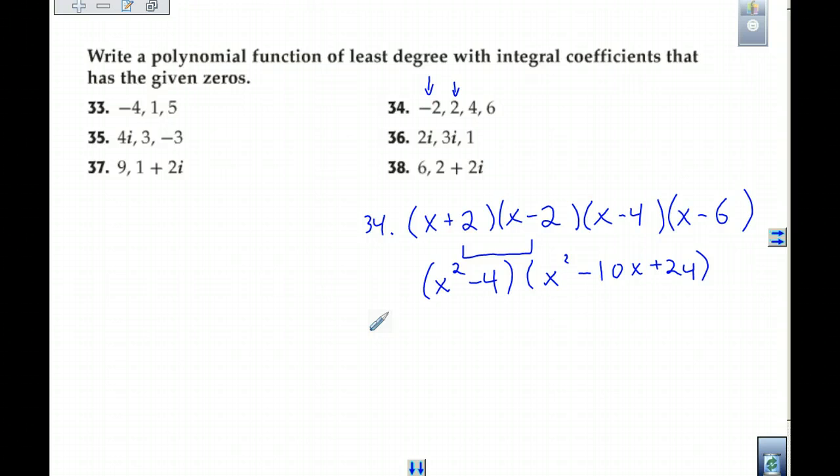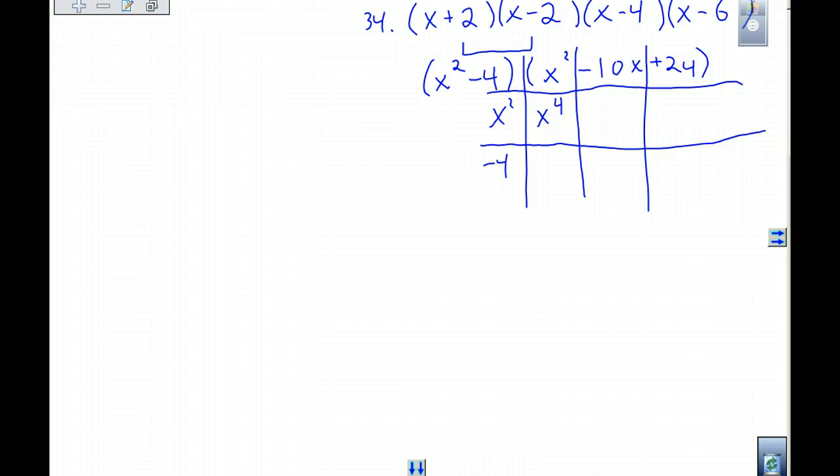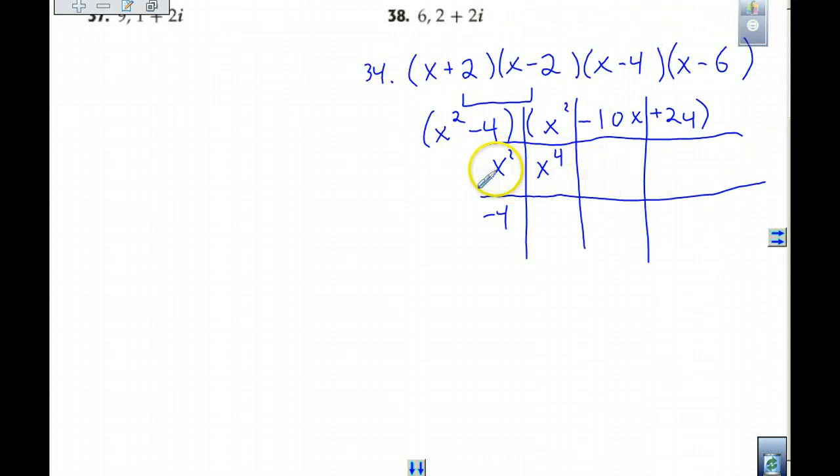Alright. Do we have time? Yeah, we actually have time, so we can go ahead and do this. I'm going to use a box. Again, I prefer the box. You can always use the distributive property, but I prefer the box because all the like terms are lined up diagonally. So x squared times x squared is x to the 4th. X squared times negative 4 is negative 4x squared.